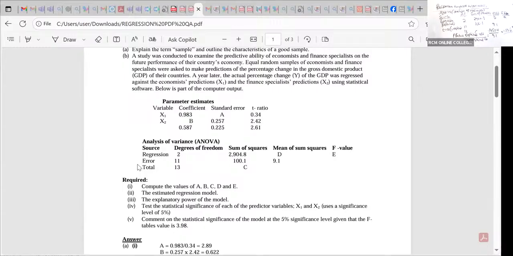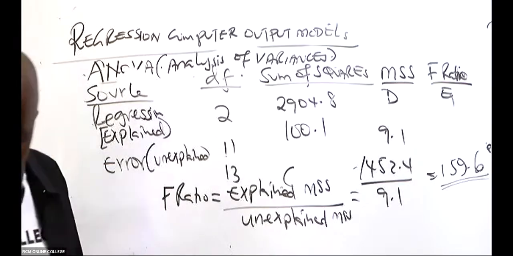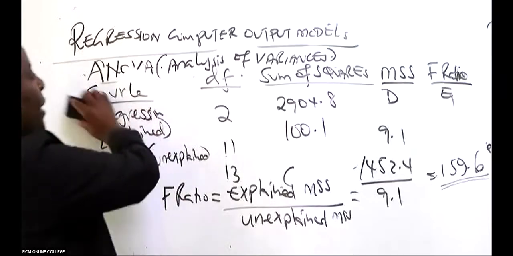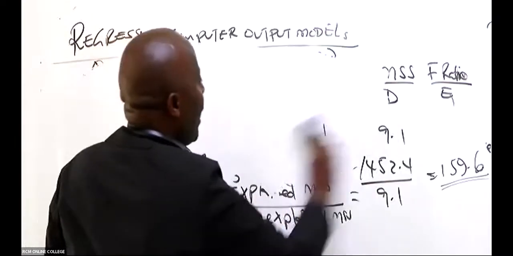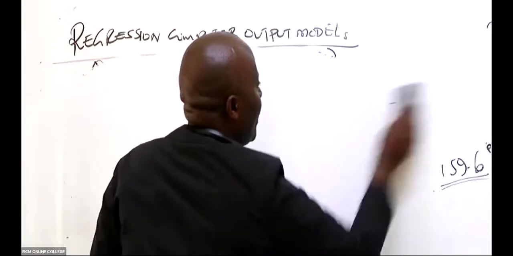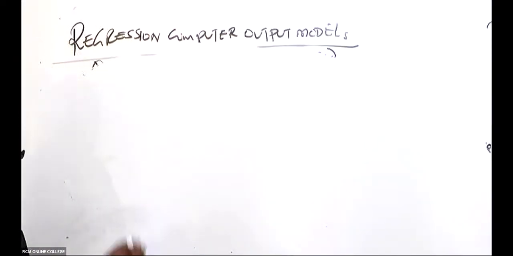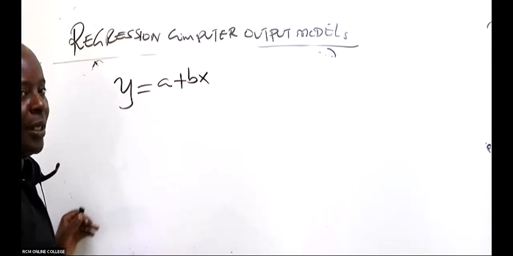Now remember that here we have how many predictor variables? Two of them. If you remember, my good students, whenever you are writing a general regression equation, this is normally how you write it. You say y equals a plus what here, somebody? bx.